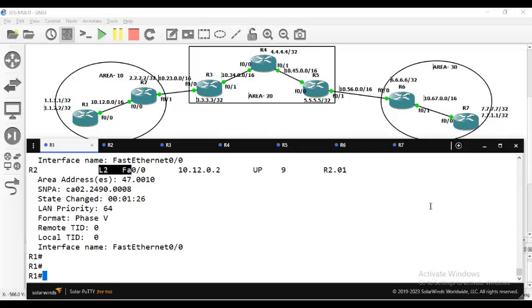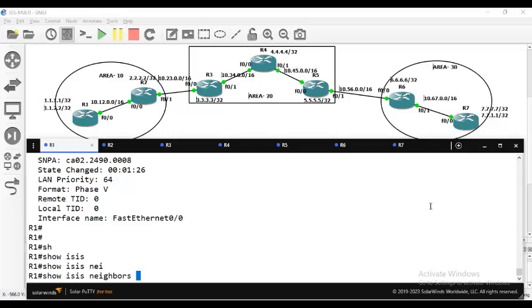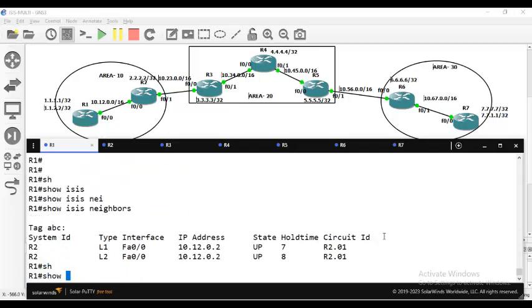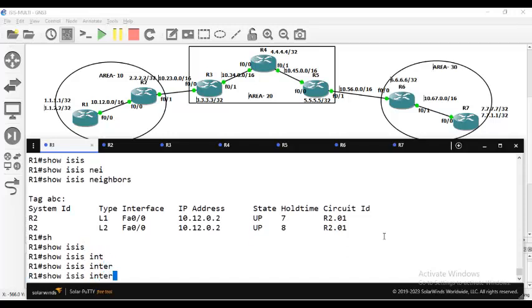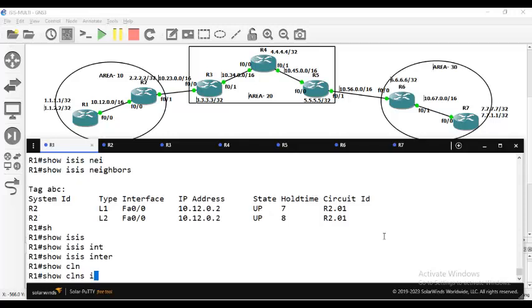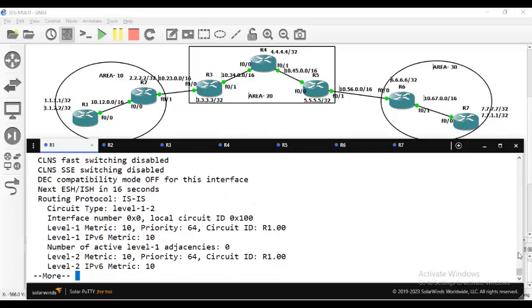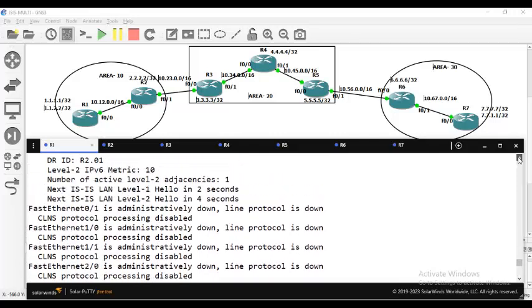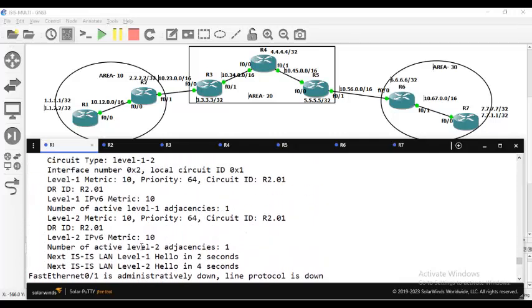Here you may see the word DR itself. Look at this. Who is DR ID? Which one is DR ID, designated router ID? 2 or 2.01. See, for level 1 and level 2 adjacency, this is the DR. R2 is the DR. What command I used to see that?